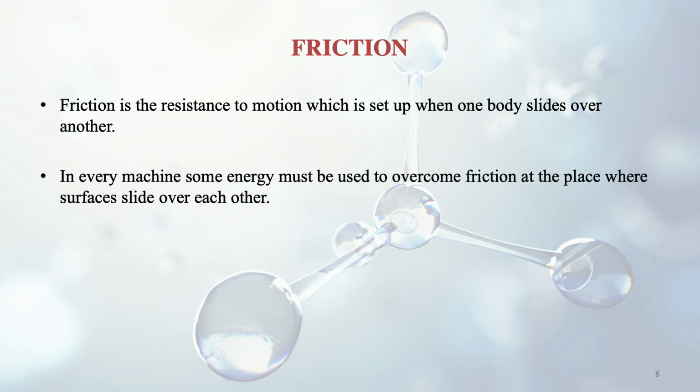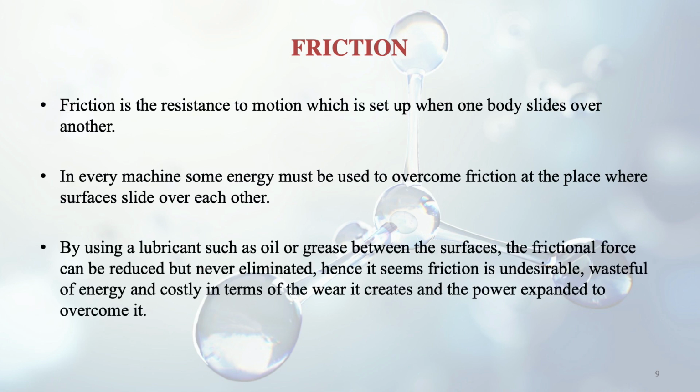In every machine some energy is used to overcome friction where surfaces slide over each other. In order to reduce this friction, we use lubricants such as oil or grease between the surfaces. Due to this, energy loss becomes less, but it is never eliminated. Generally, friction is an undesirable, wasteful form of energy.